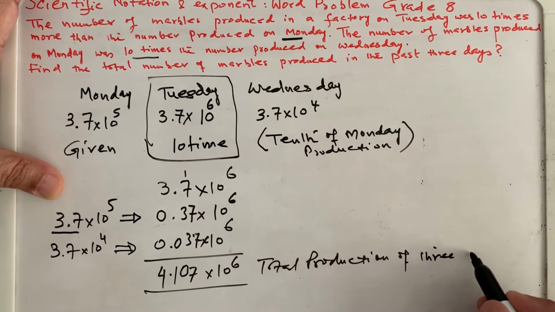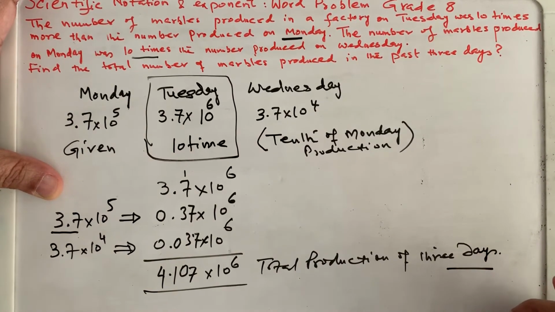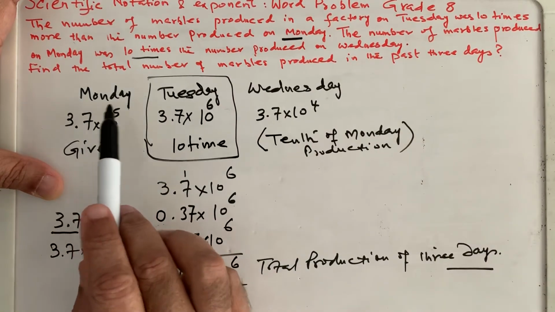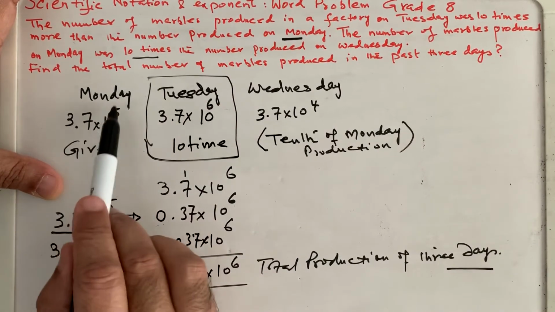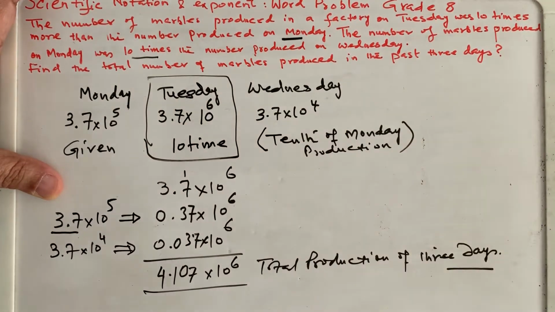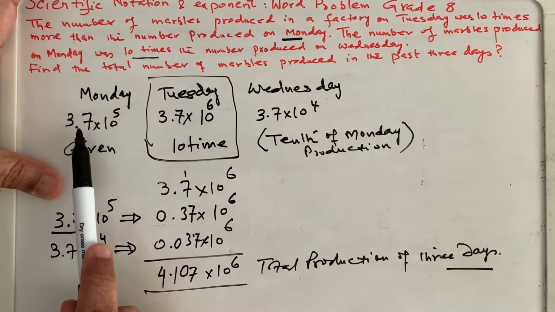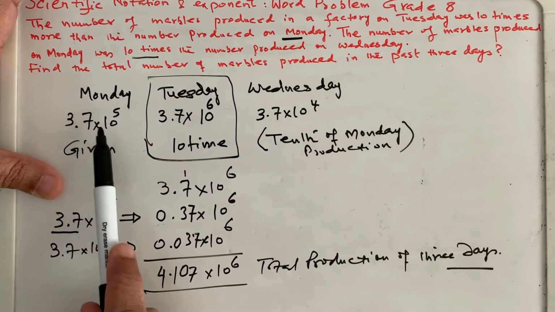So I will revise the situation here again. First, we have to read the question and make a table, because the Monday production is given and all the relationships are given in the word problem. The number of marbles produced in a factory on Tuesday was 10 times the production of Monday. So this Monday production is given as 3.7 into 10 to the power 5.